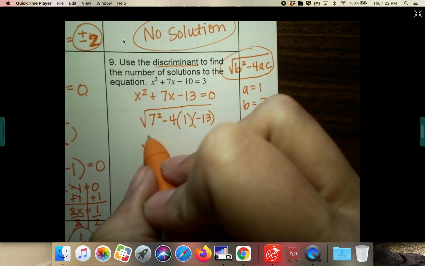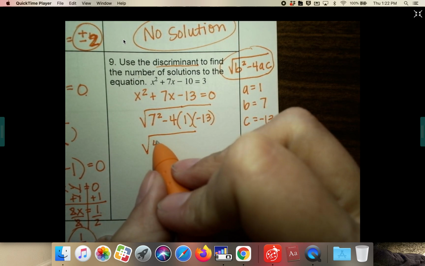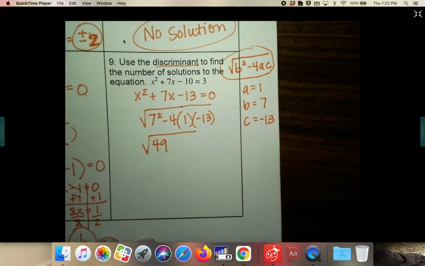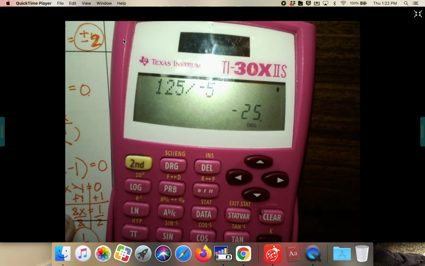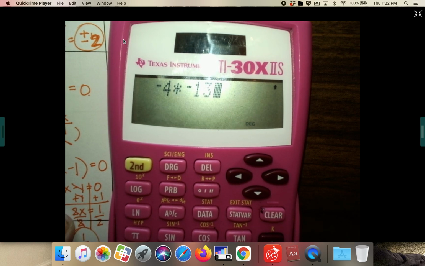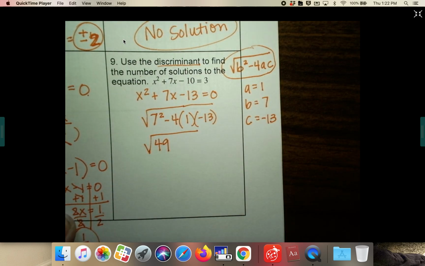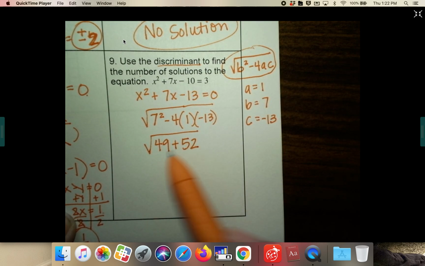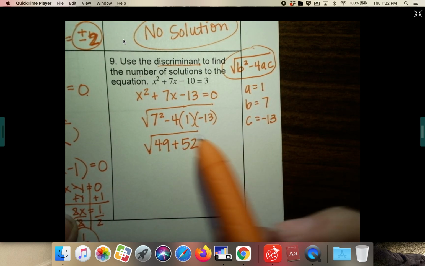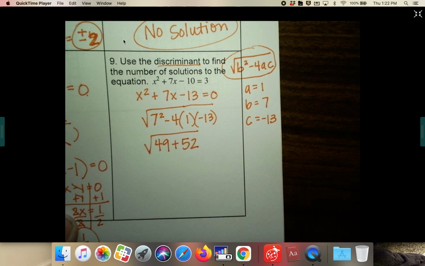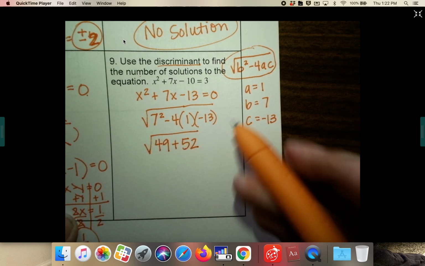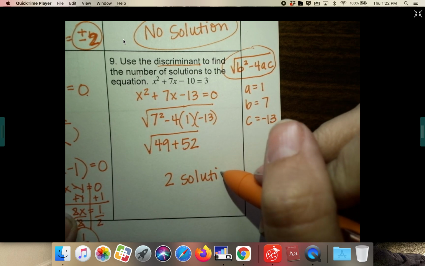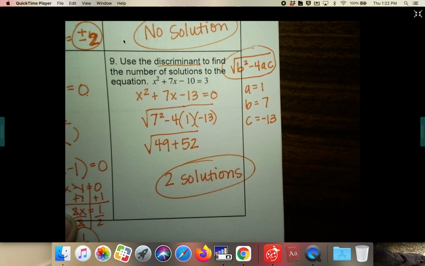Okay, 7 squared is 49. -4 times 1 is -4 times -13. -4 times -13 is positive 52, so it's going to be plus 52, and I can stop right there. I don't know what 49 plus 52 is, but I know it's going to be positive, and positive square roots have 2 solutions.